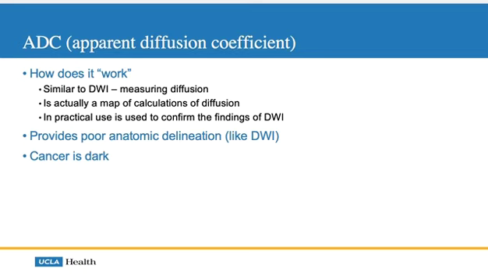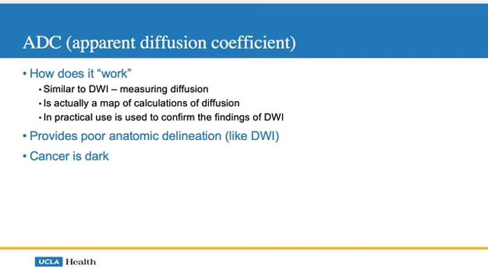So oftentimes, in order to know if there's really restricted diffusion, you have to look at both the DWI and the ADC. So they are a pair.